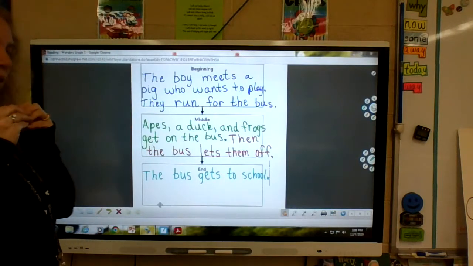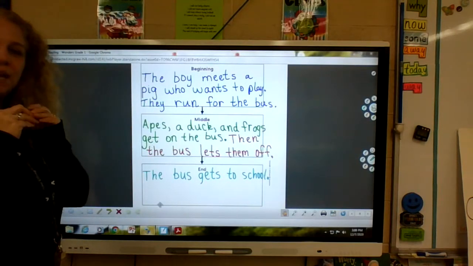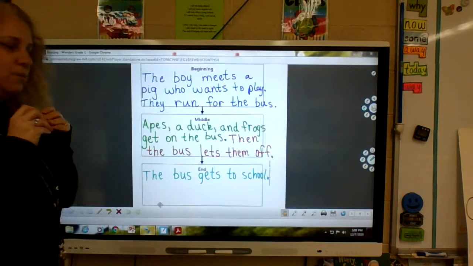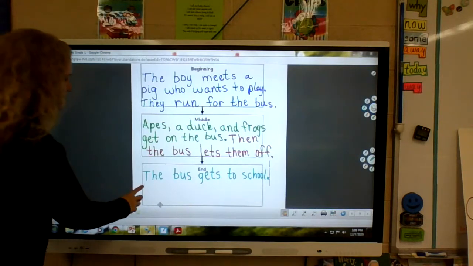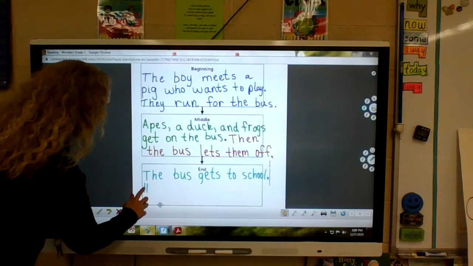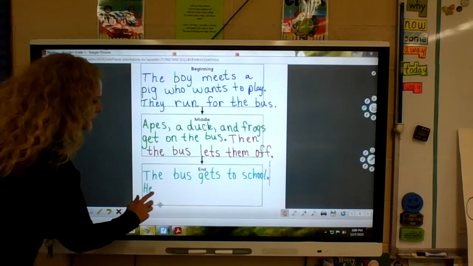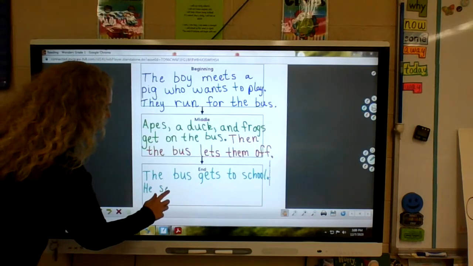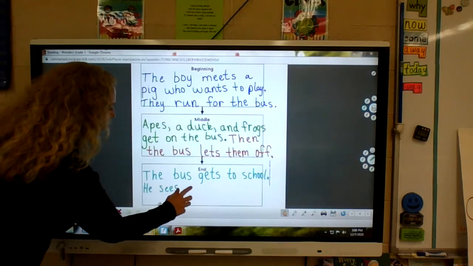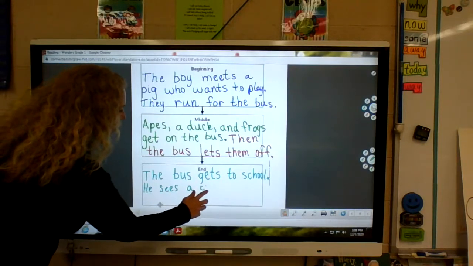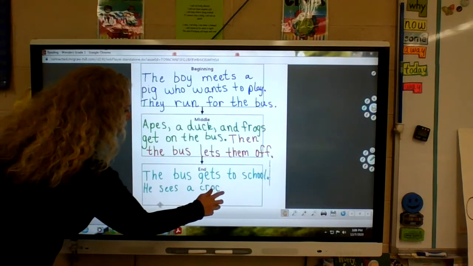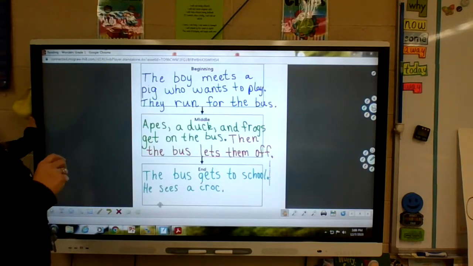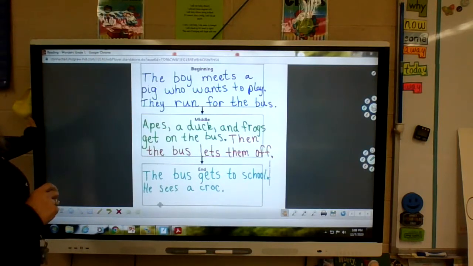So I'll try to keep it short. Let's just say he sees a croc, because we know he's the boy. So that'll keep it short. We'll say he, capital H, sees a croc, short for crocodile. Period.